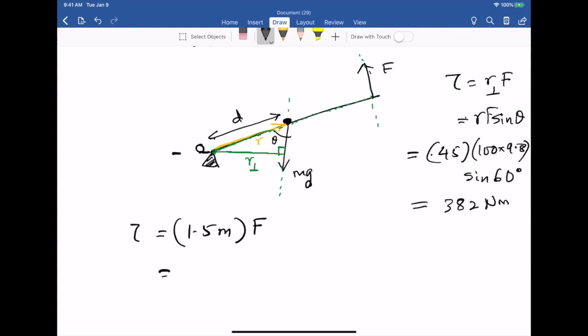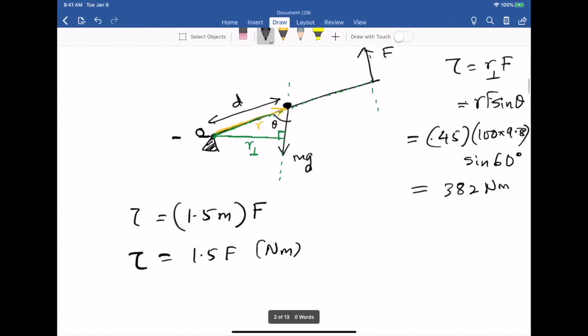So it's just going to be 1.5 F Newton meters would be the torque, right? Okay. The last question is asking us to find the magnitude of F.